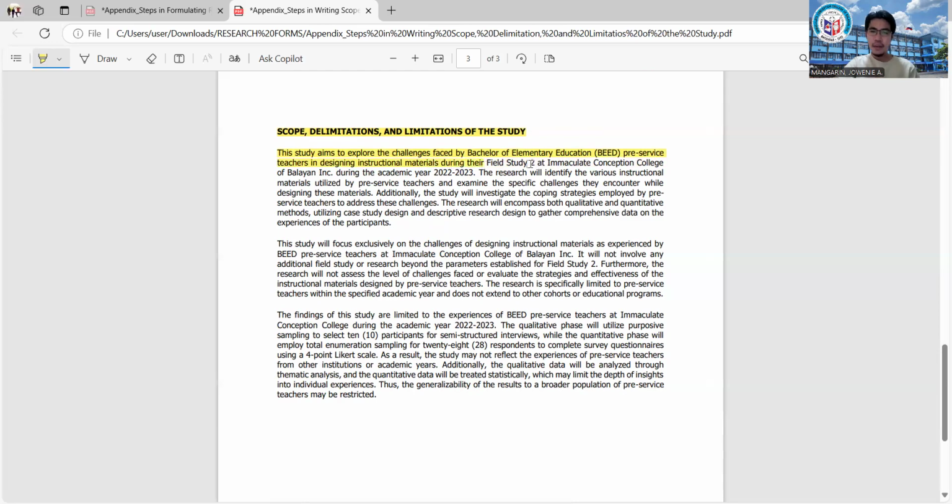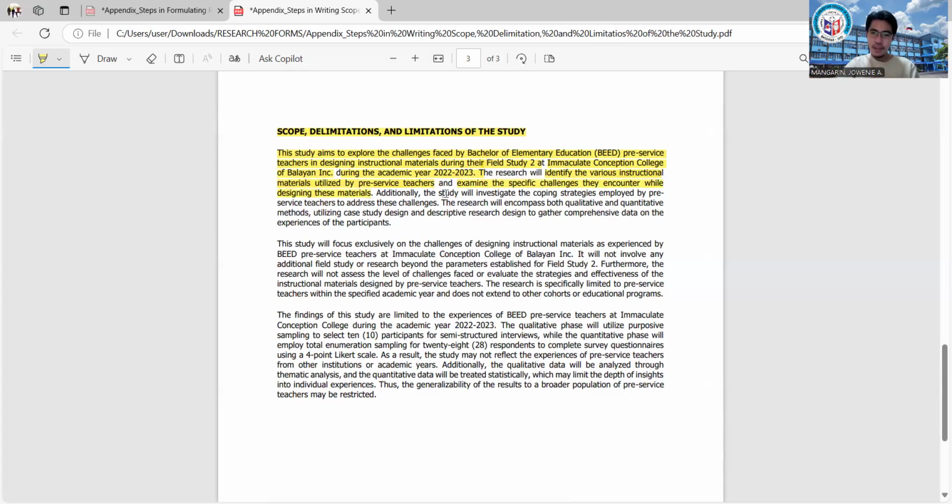Okay? And then, saan kinundak ang study? Immaculate Conception College of Balayan Incorporated. Anong taon? This is conducted for the school year 2022-2023. And then, ano yung pinaka-main intention? The research will identify the various instructional materials used by the pre-service teachers and examine the specific challenges they encounter while designing these materials.